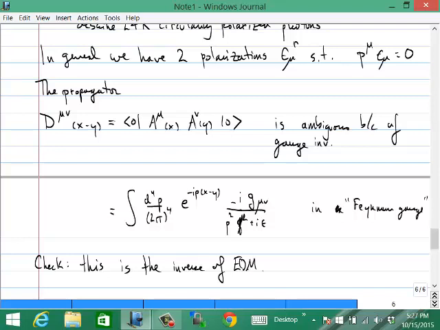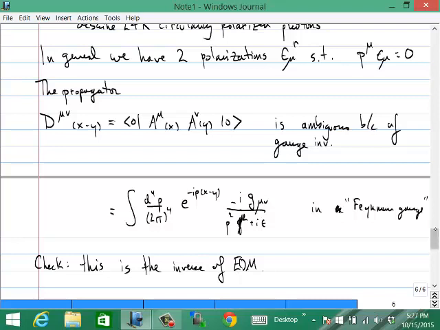just as the Klein-Gordon propagator was the inverse operator for, or the propagator of a scalar field is the inverse of the Klein-Gordon operator. The propagator for the spinor is the inverse of the Dirac operator. And this propagator that I've written here is the inverse of the Maxwell equations.